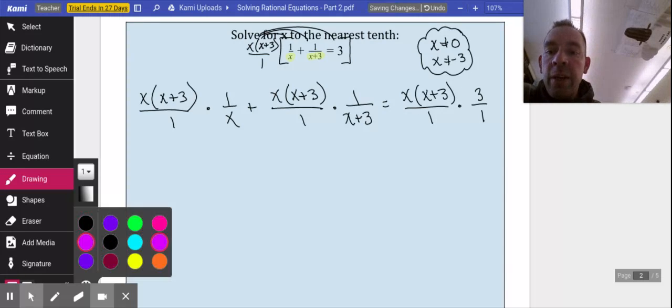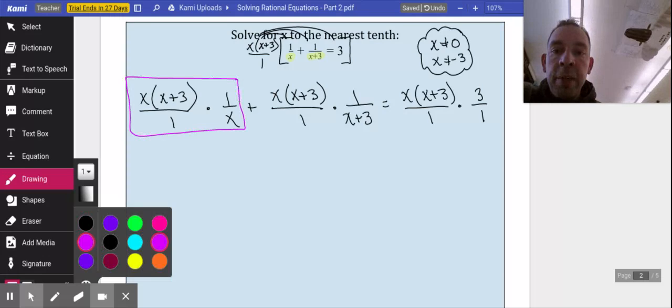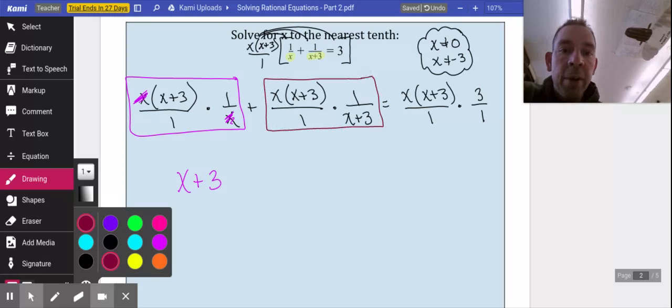Within the first term here, we can cancel out this factor with this factor, and you're just left with x plus 3. In our second term here, we can cancel out the factor x plus 3 with the factor x plus 3, and then you're just left with plus x.